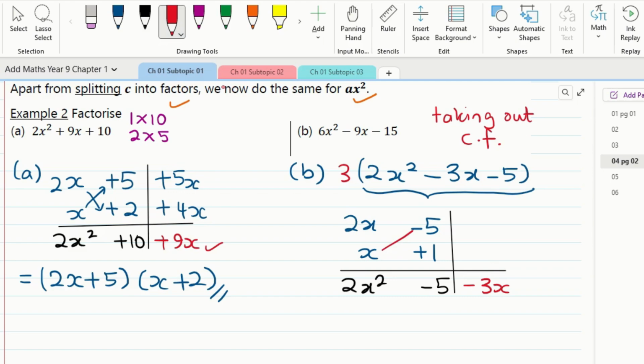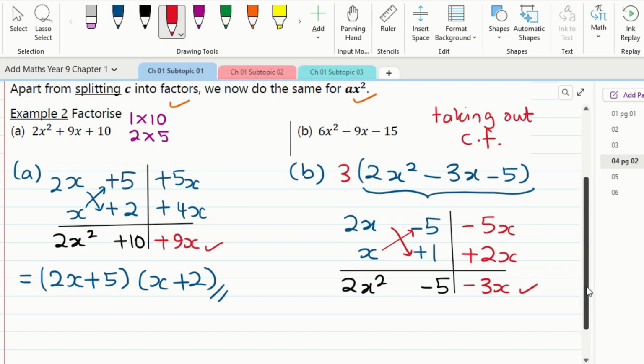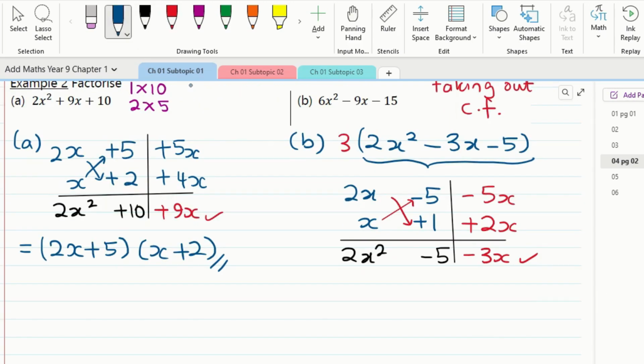Okay, let's check whether you have the correct factors. Cross multiply x and -5, you will get -5x, and 2x times 1 is positive 2x. If you check this part, is this relationship true? Yes, this is true. So that means you have the correct factorization here.